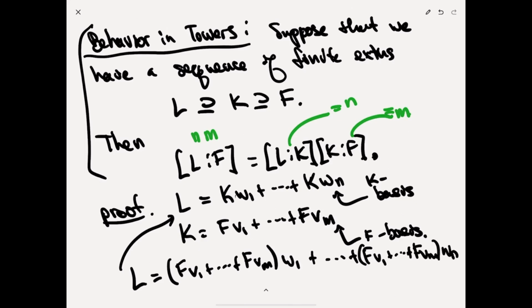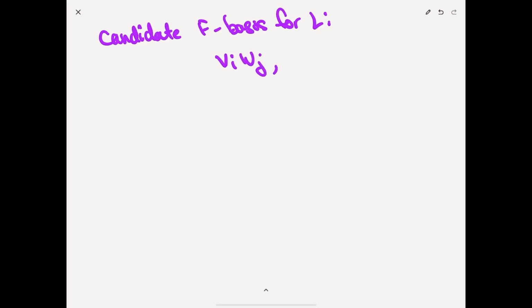And so this formula tells us that the candidate F basis for L is this: ViWj, where i is between 1 and m, and j is between 1 and n.